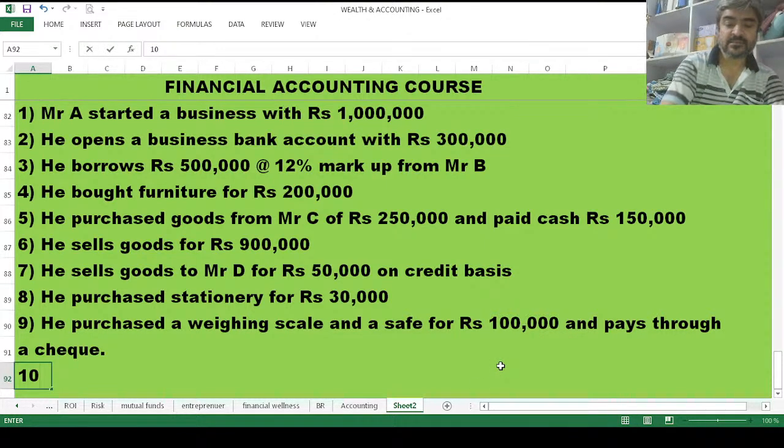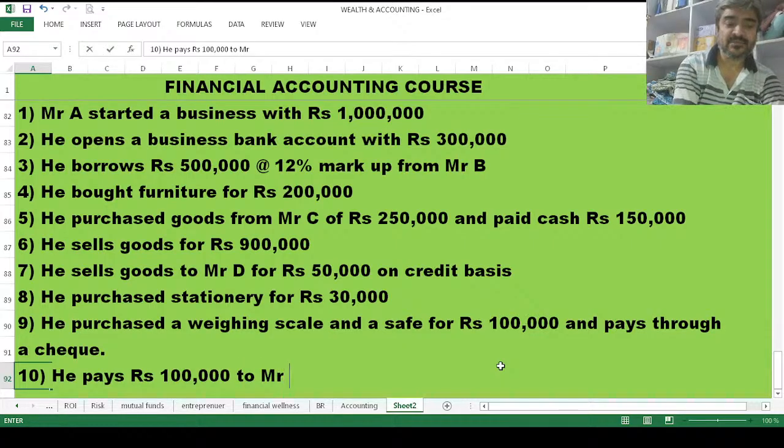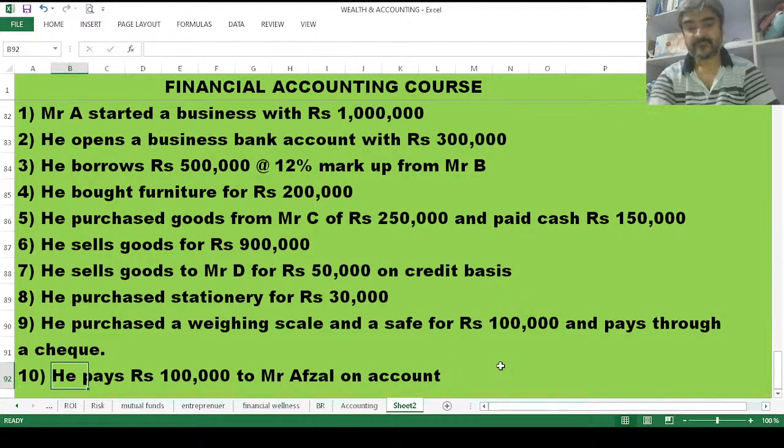The next example is he pays rupees 100,000 to Mr. Afzal on account. Okay.